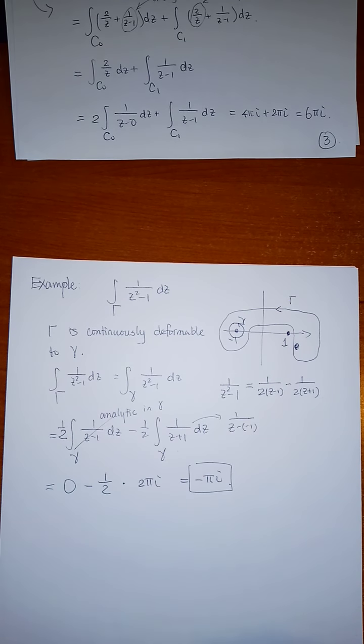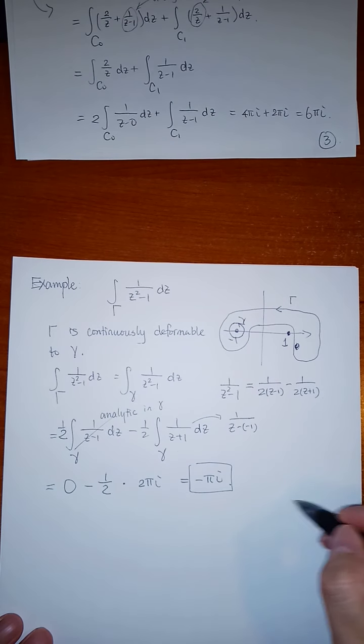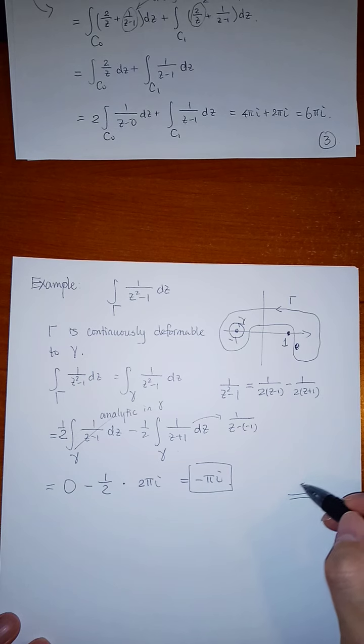And each small circle, if it traverses counterclockwise once, then it's equal to 2 pi I. If it traverses more than one time, it will be integer multiples of 2 pi I. Okay, so that's the rest of the examples in this section, continuous deformation. That's the end of section 4.4.